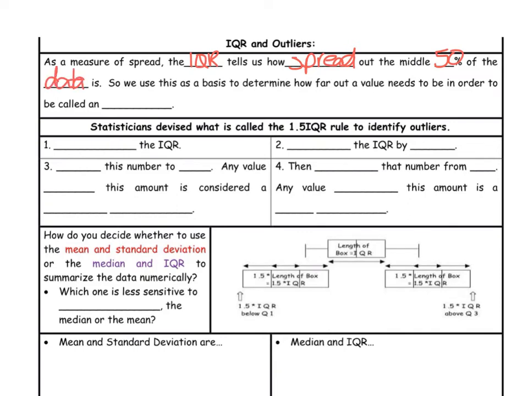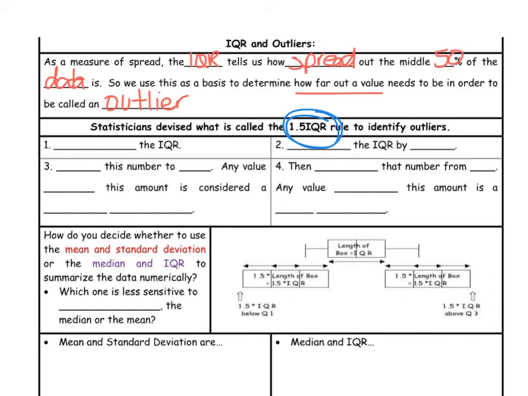So we use this as a basis to determine how far out a value needs to be in order to be called an outlier. Statisticians came up with this rule. It's called the 1.5 IQR rule. We use the interquartile range and the factor of 1.5 to determine if, in fact, a number in a set of data is an outlier.